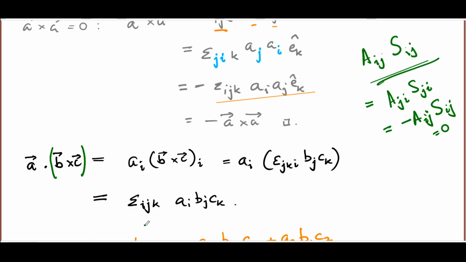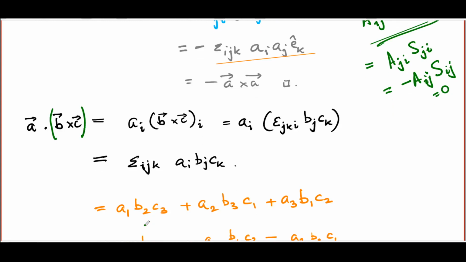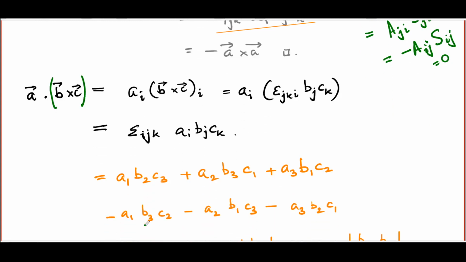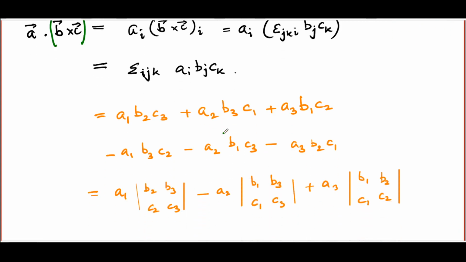In the other 3 terms, you are going to get a minus sign. That's why this sum only reduces to these 6 terms: A1 B2 C3, A2 B3 C1, A3 B1 C2. Here i, j and k have been permuted cyclically and hence lead to a plus sign. In the other three terms, you have an anticyclic permutation and you get a minus sign.